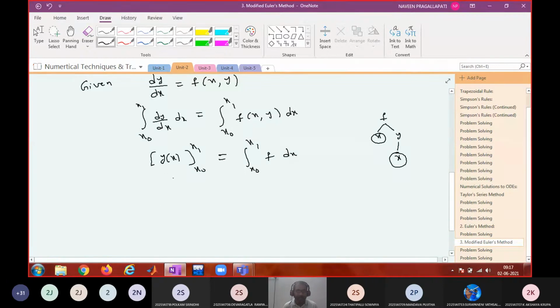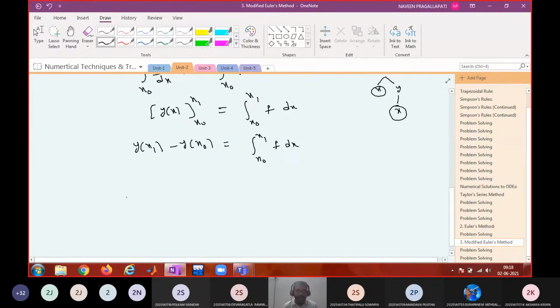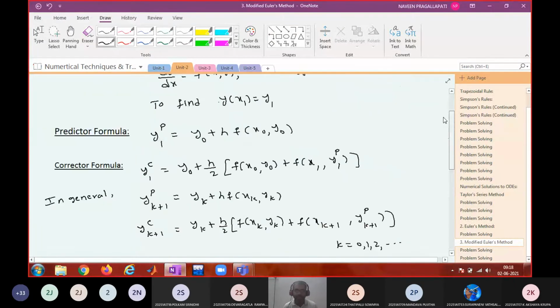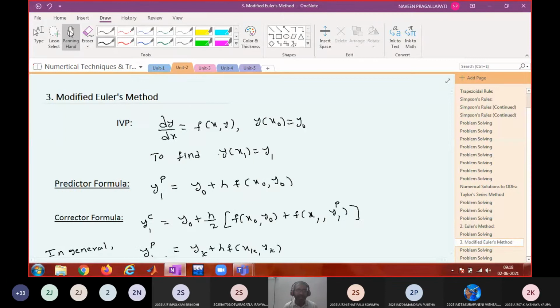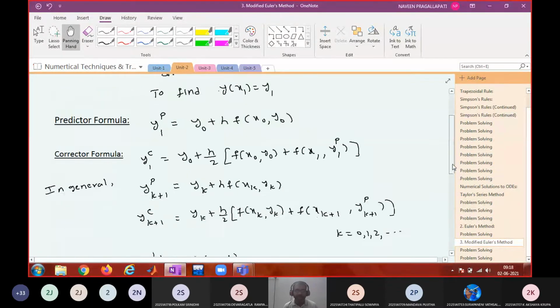So when I apply the limits, what do you get? y(x1) minus y(x0), upper limit minus lower limit, is equal to the integral from x0 to x1 of f dx. So what is y(x1)? y(x1) is nothing but y1, and y(x0) is nothing but y0.